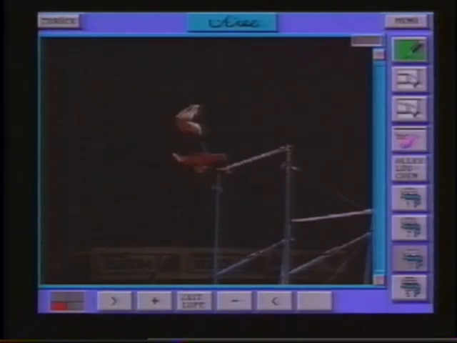Third example, height and turn, okay. Open legs in second salto, minus 0.05 or minus 0.1.